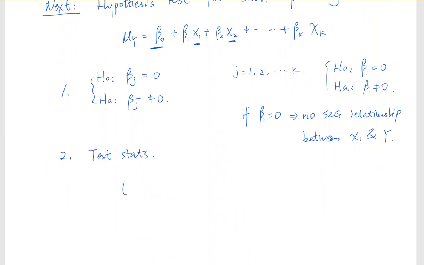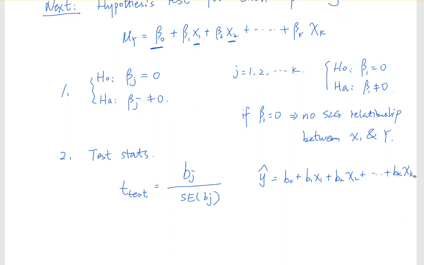So you will have the t statistic, which equals bj divided by the standard error of bj, based on the sample regression equation y hat equals b0 plus b1 x1 plus b2 x2 until bk xk.